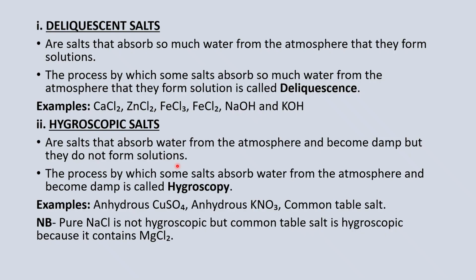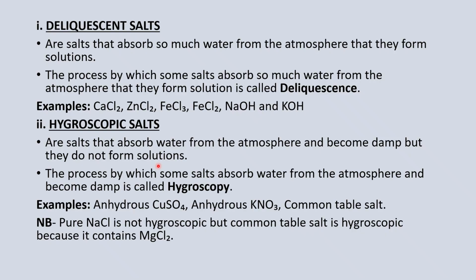So the only difference between deliquescent and hygroscopic salts is that hygroscopic salts do not form solutions. They just become damp. So they do not absorb a lot of water; they absorb less water and they become damp.